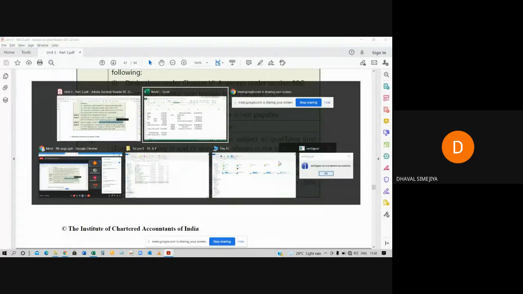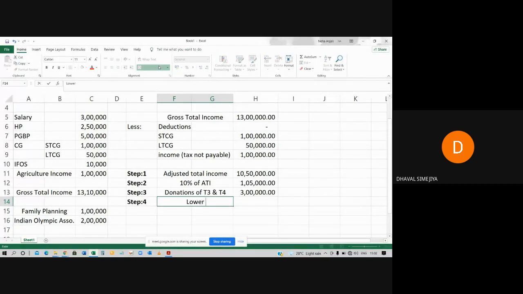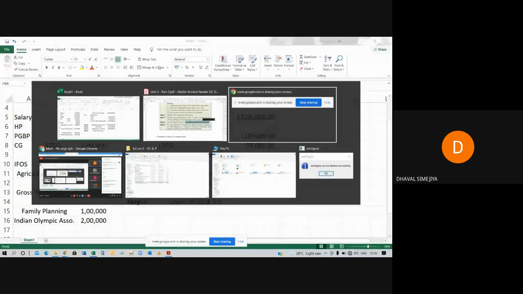Now, lower of step 2 and step 3. Which is the lower amount from step 2 and step 3?